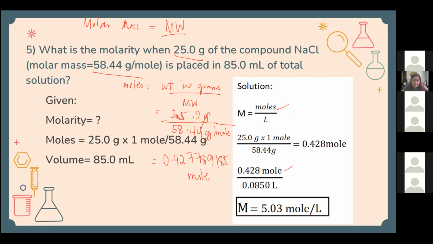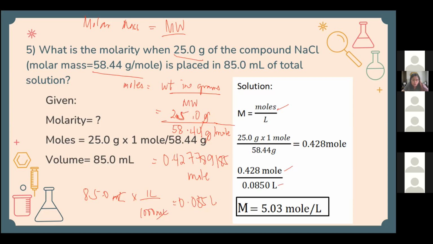But for the liters, the given is 85.0 ml. And since this should be liters of solution, we convert it to liters using this conversion factor. So 85 divided by 1,000 is 0.085 liters. So this is also correct here.